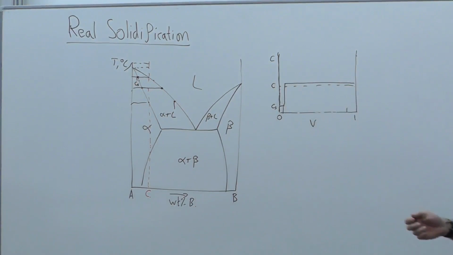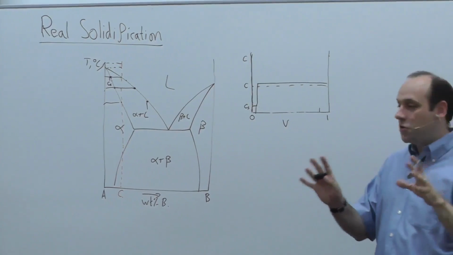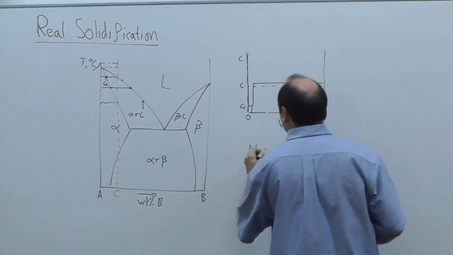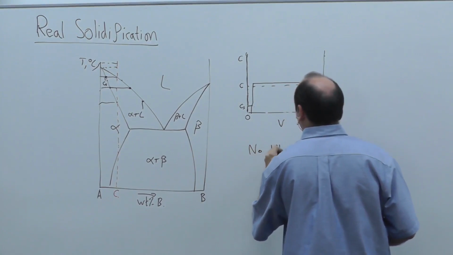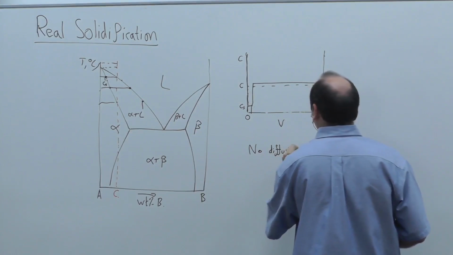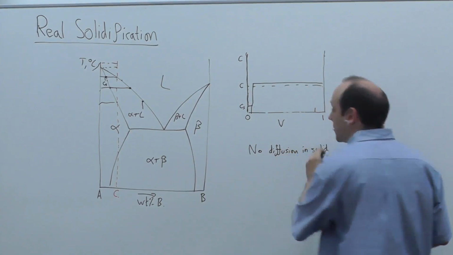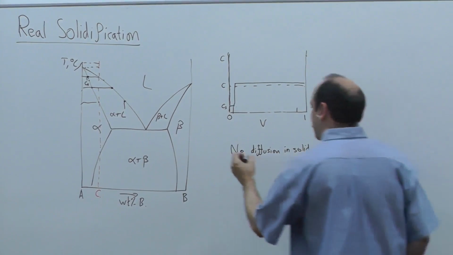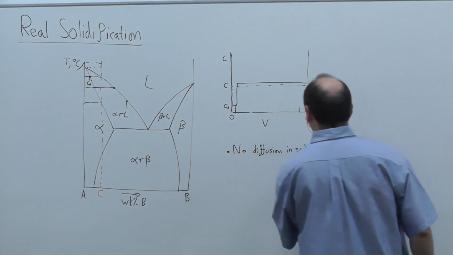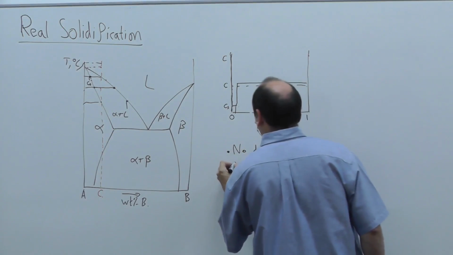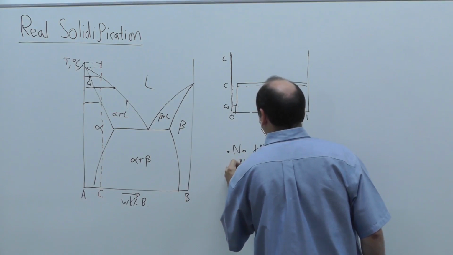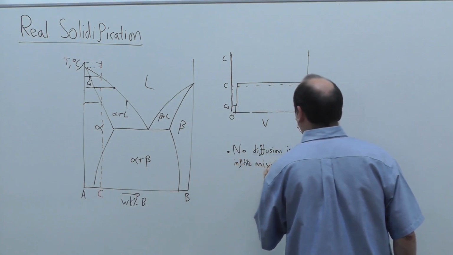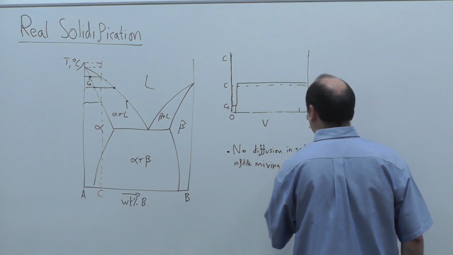But what we can say then is, well, okay, let's assume the following: that there is no diffusion in the solid. So that first part of solid to form, its composition is now fixed, it's locked away, but that we have infinitely fast mixing in the liquid phase.